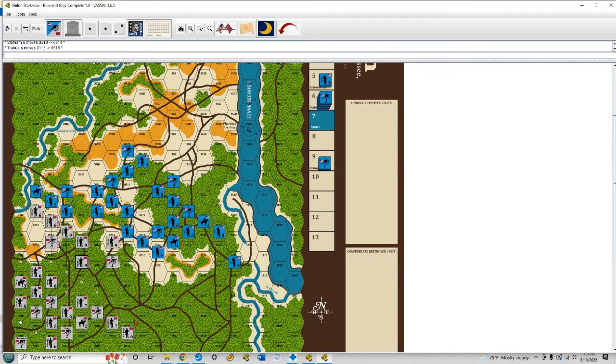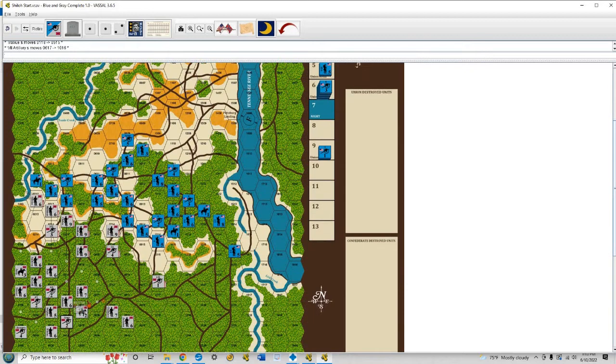And see if we can just poke some holes in that line. Okay, he can actually hit there. Okay.